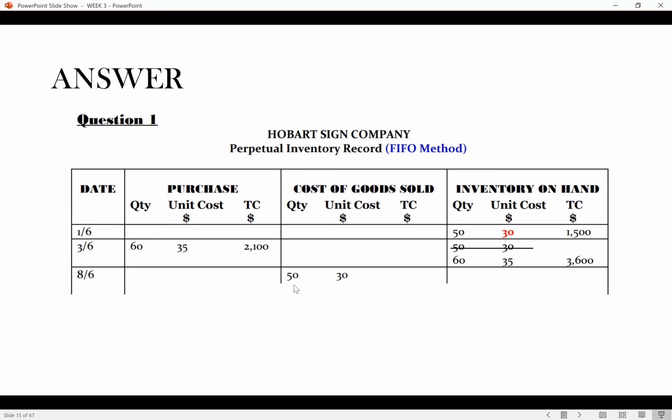So the quantity is 50 and the cost to sell it was 30. Yes, we sold it for 60. That's the selling price. That has nothing to do with this table here. Our selling price goes to our income statement, right? And we'll see that when we get to that part of the question.